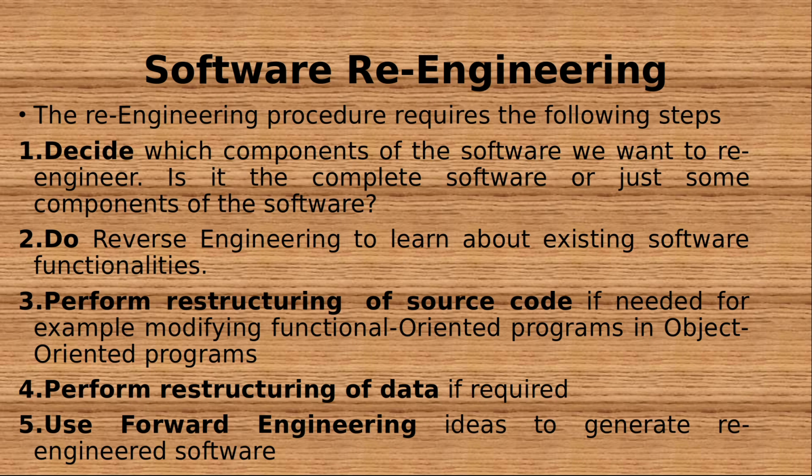We change that component only, or we take the full component. So first we decide which part of the software must be updated or modified. That is the first one.